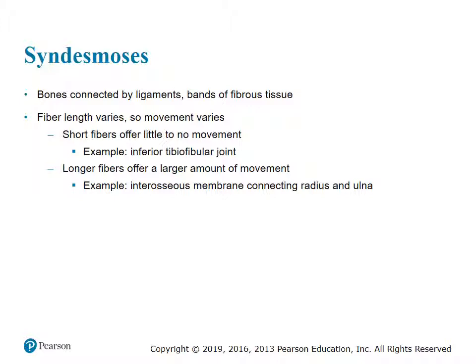So again, we're still on fibrous, right? This is still a type of fibrous joint. We call it a syndesmosis. Syndesmosis, right? Now, instead of dense fibrous connective tissue, we're connecting this with ligaments, again based on material, and if it has a cavity, that's how we classify these.